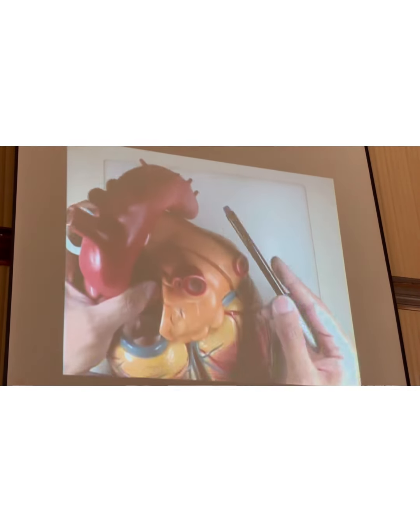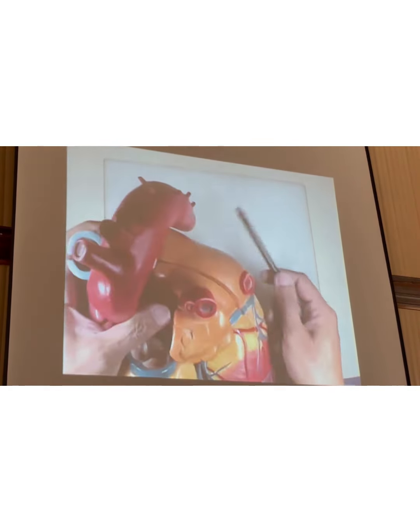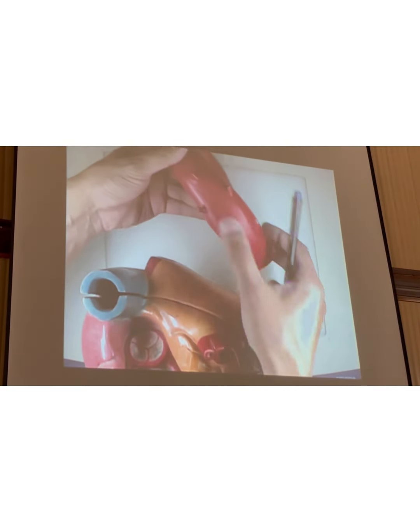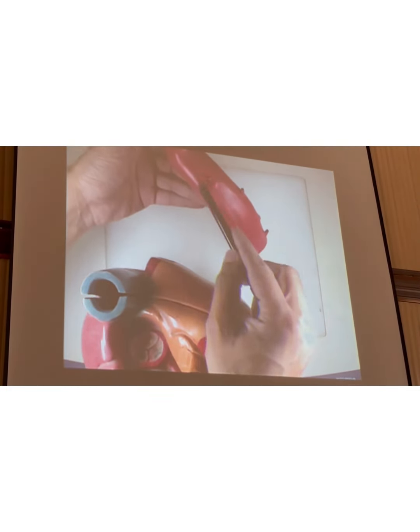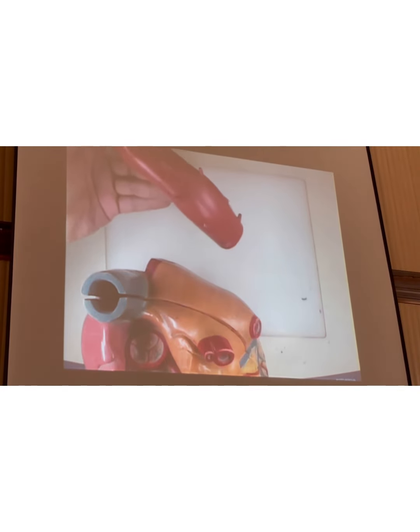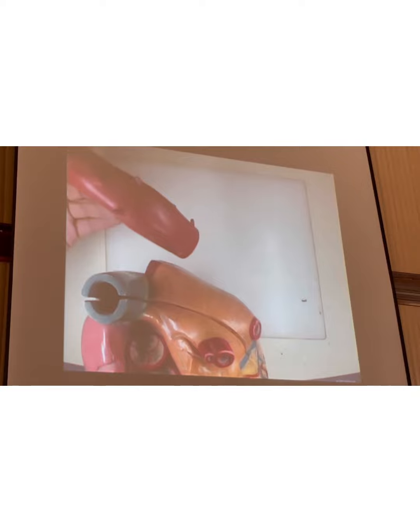Then the descending thoracic aorta gives rise to the posterior intercostal arteries, and also it gives rise to the bronchial artery. The 2 or 3 bronchial arteries supply the lung and bronchial tree.